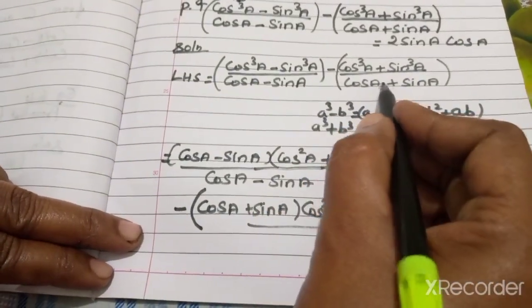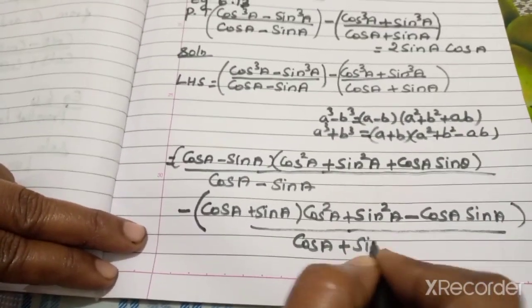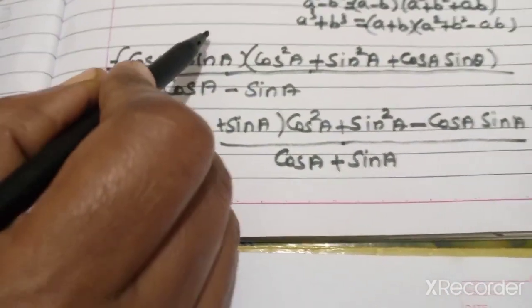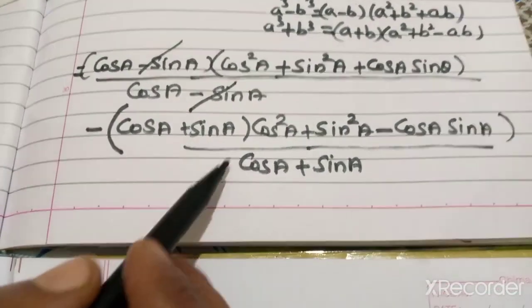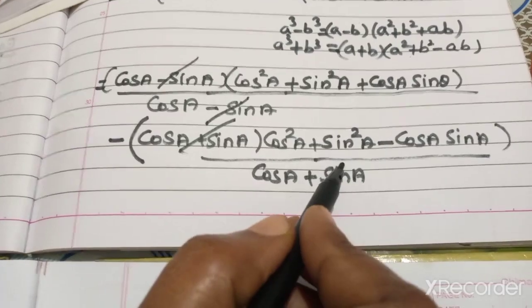What is the denominator? Cos A plus sin A. Here cos A minus sin A can be cancelled. In the same way, in the next term also, cos A plus sin A can be cancelled.